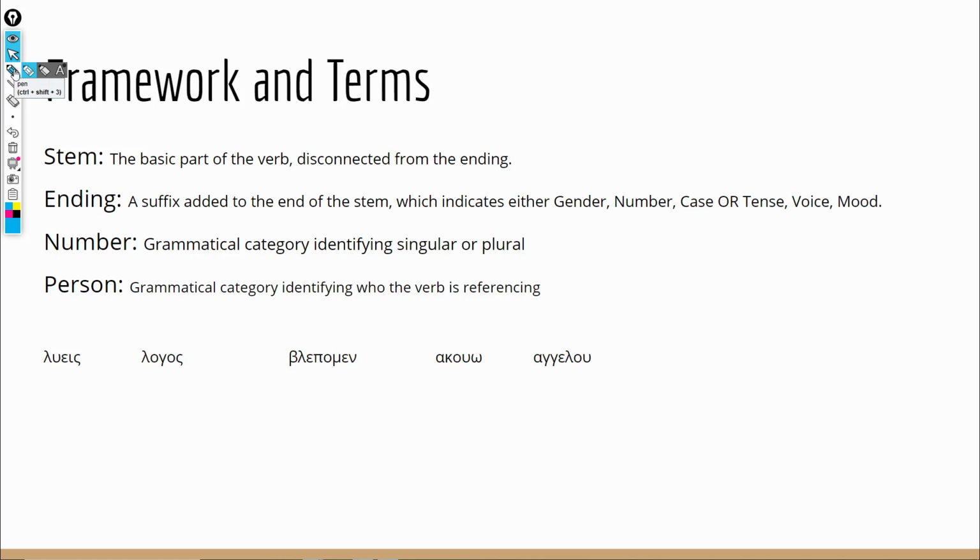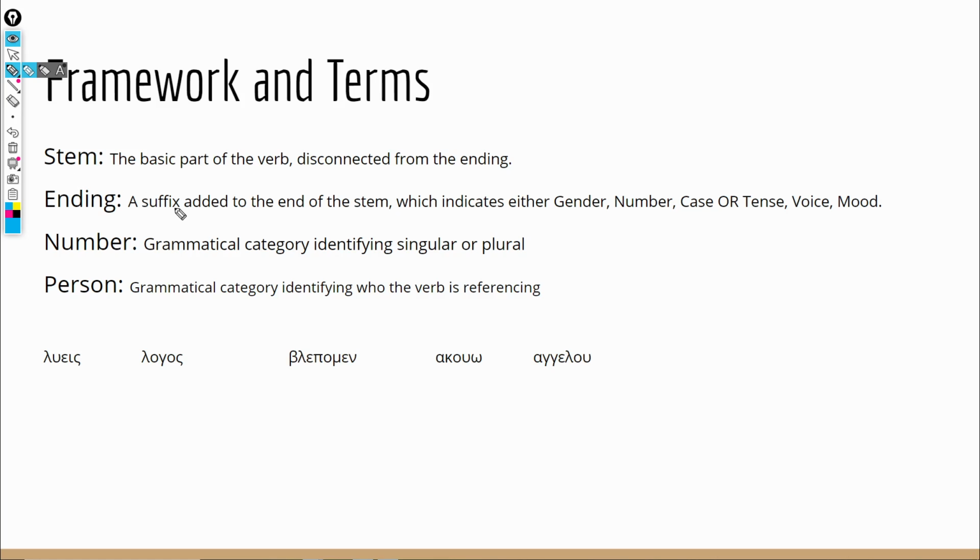So we need to talk about some terms a little bit before we continue on. Two of these terms, for those of you that have been here, you've seen before. But we're just going to talk a bit about terms, because as we start to move forward and talk more about Koine verbs and how the Bible uses verbs, these terms will likely come up quite a few times.